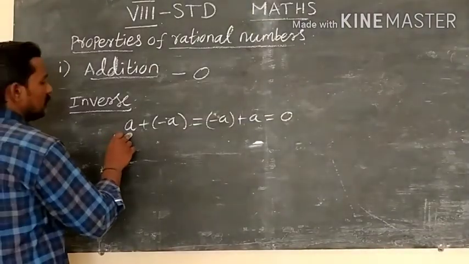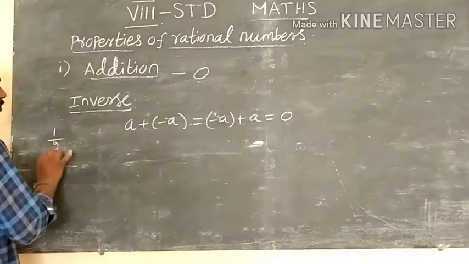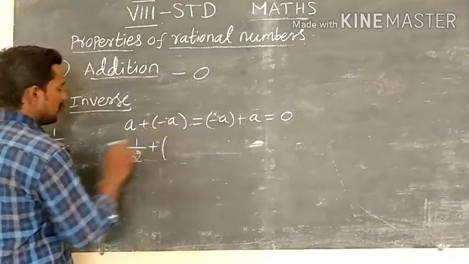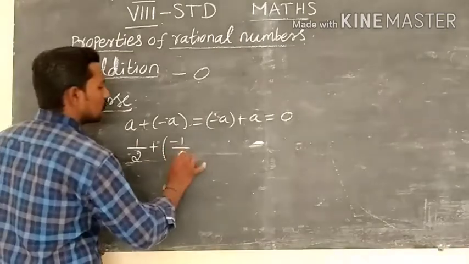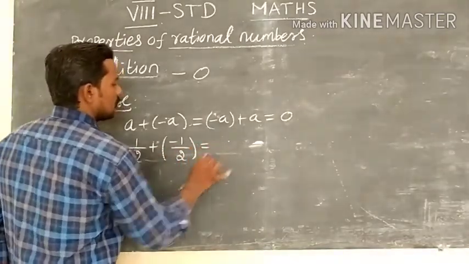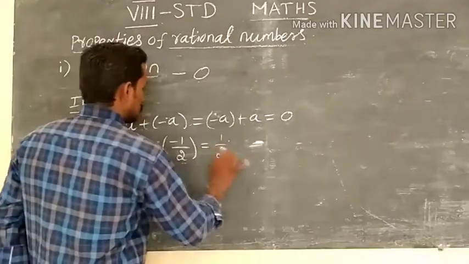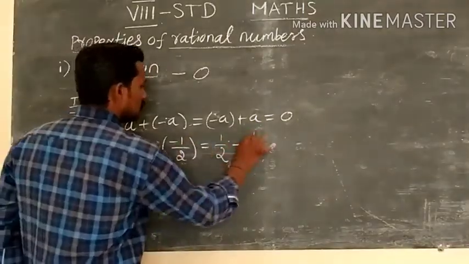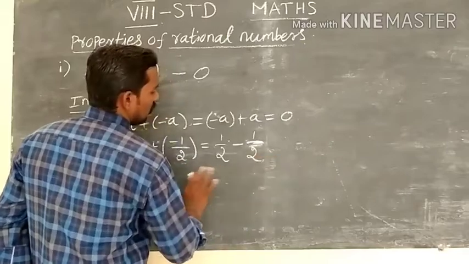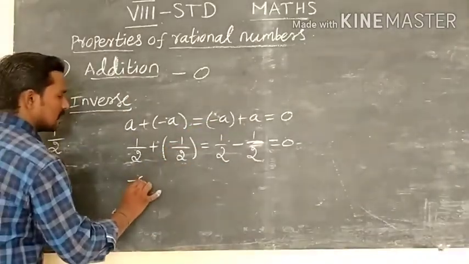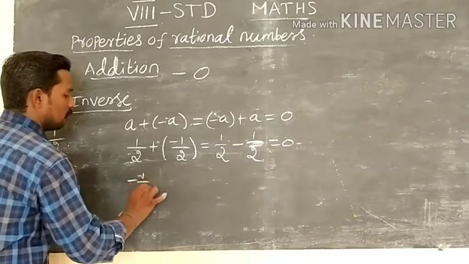So here I consider a as 1/2, so minus a means minus 1/2. This is equal to 1/2 plus minus 1/2. So 1/2 minus 1/2 gets 0. In the same manner, minus a plus a, minus 1/2 plus 1/2.